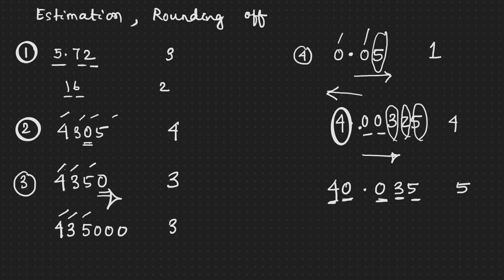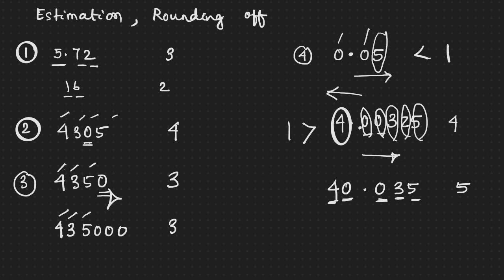Here the number is greater than 1, isn't it? So I will be counting these two zeros as well, which I previously said not to be counted. That rule is applicable only if the number is less than 1.